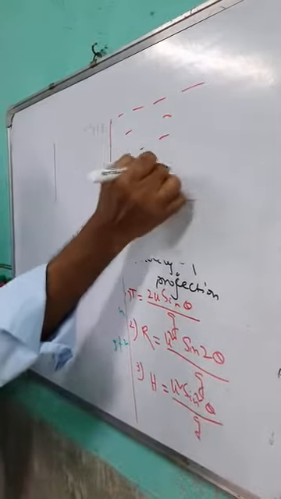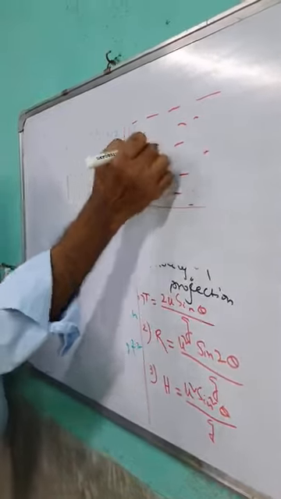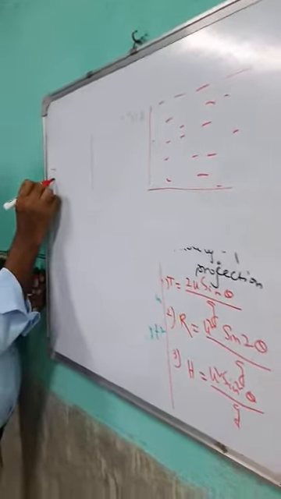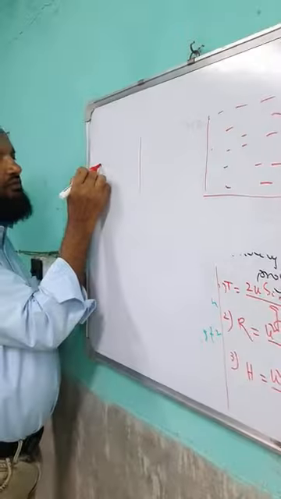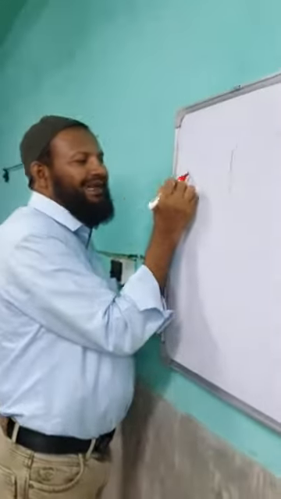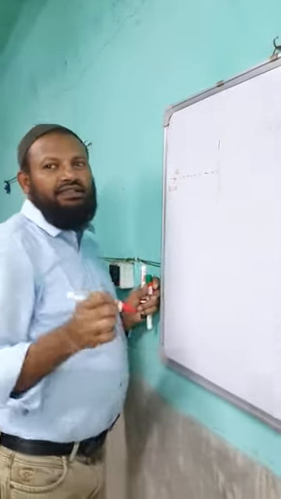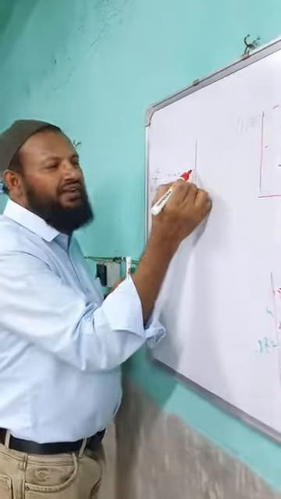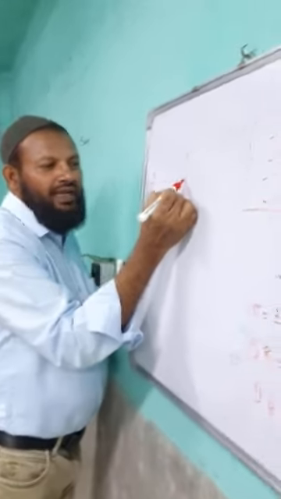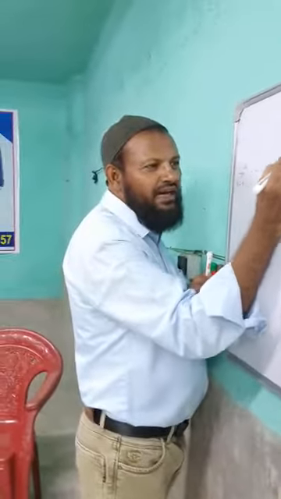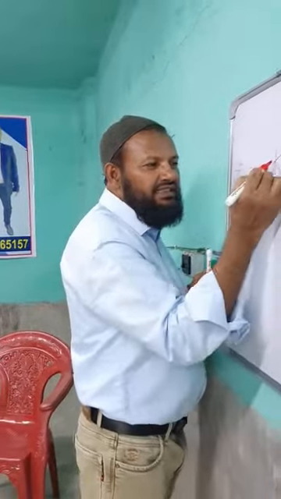A player is moving like this. Suppose the player starts with u equal to 0, and is moving with acceleration a. From here, one thing is important. This is the disqualifying line. The player cannot touch this line. Before this line, the player will jump. This is very very important.